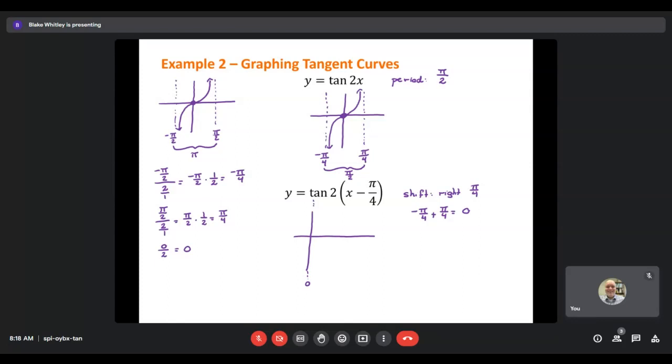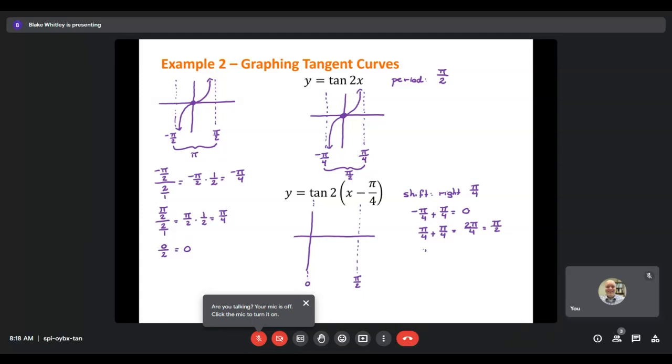And now I'm going to go ahead and find my other asymptote. I'm going to take pi over 4. I'm going to add pi over 4 to shift that one to the right. This gives us 2 pi over 4, but that simplifies to pi over 2. And so now my other asymptote should be at pi over 2. And then finally, we just need to adjust our x-intercept.